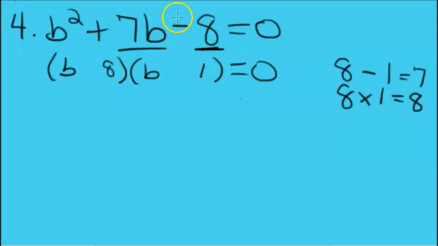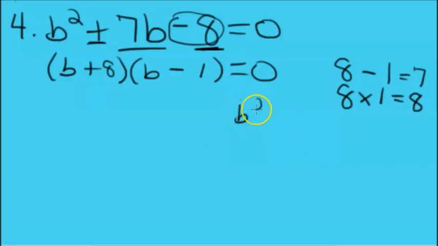Since this last term is going to be negative, we put a minus here, but this is going to be positive. So let's try that. Some of this might be trial and error on the signs, but let's see if this works.